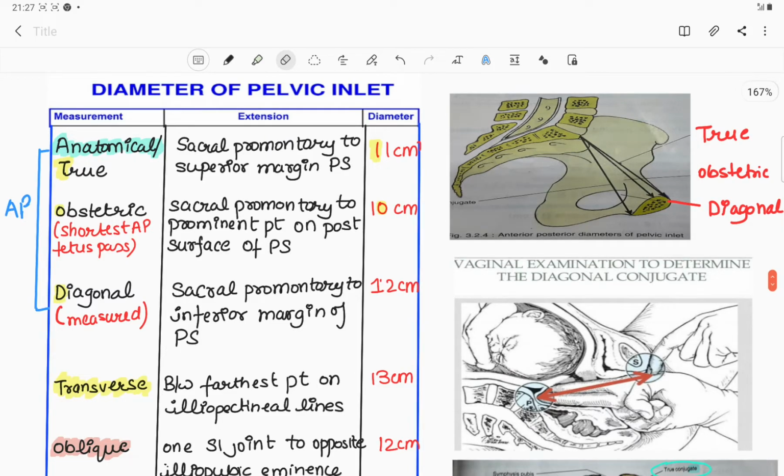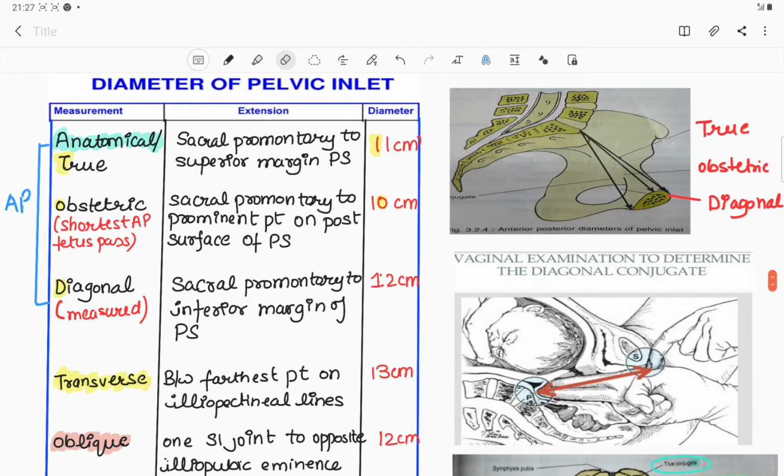First, we will discuss the diameters of the pelvic inlet. First, anteroposterior diameters. These are 3 in number. One is the anatomical or true conjugate. It extends from the sacral promontory to the upper border of the pubic symphysis and measures 11 cm. Second is the obstetric conjugate. It is the shortest AP diameter through which the fetus passes during delivery.